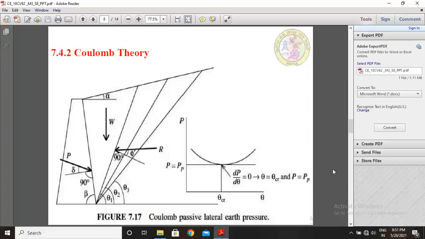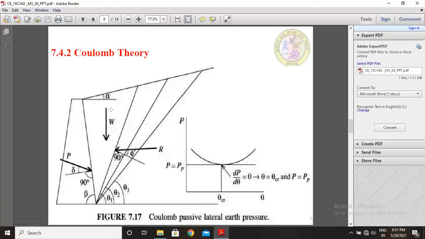Now Coulomb theory. How is Coulomb theory expressed for passive lateral earth pressure? See, this is the horizontal line, this is the top of the retaining wall, and the retaining wall is inclined at an angle beta.